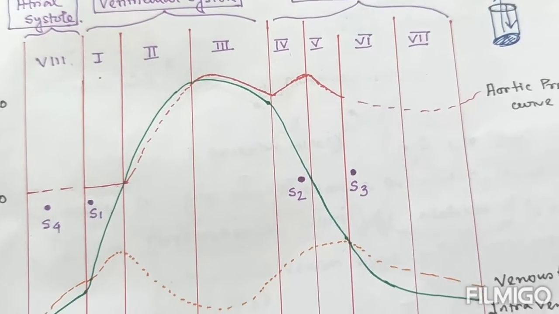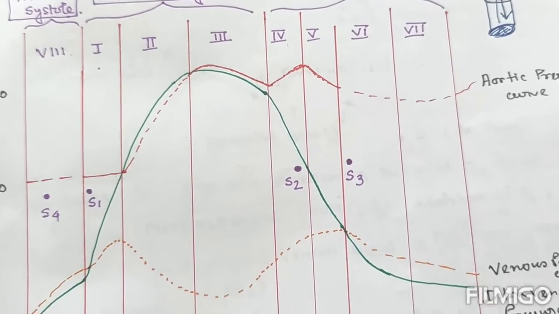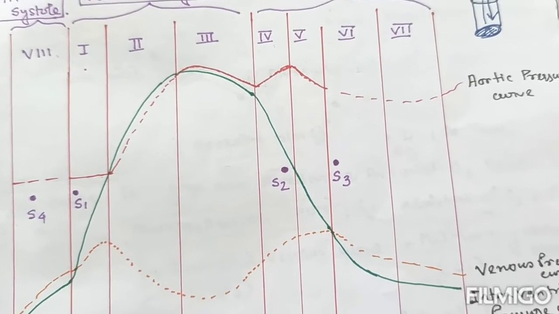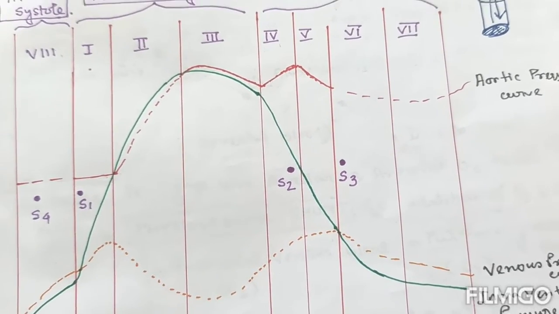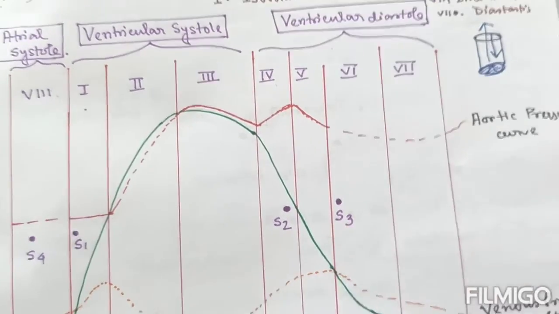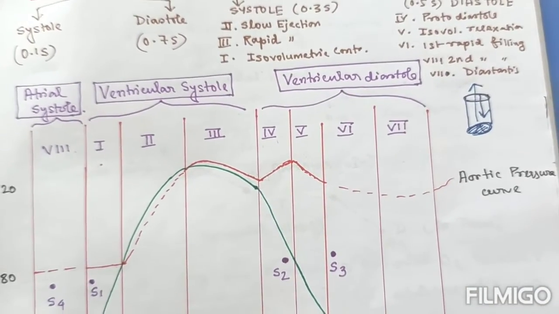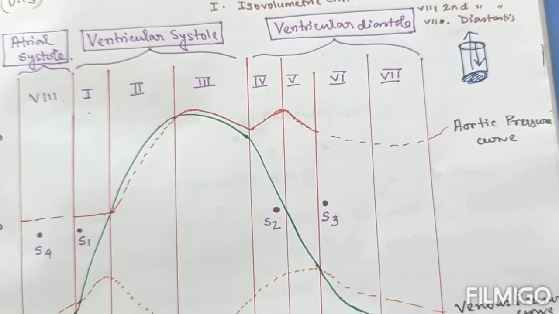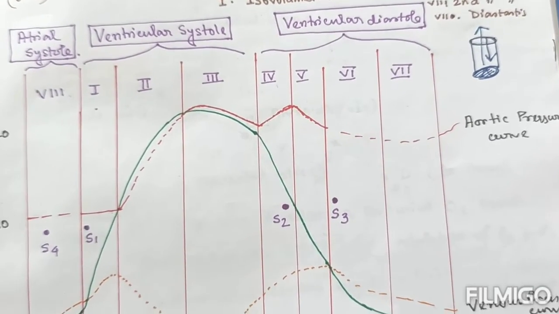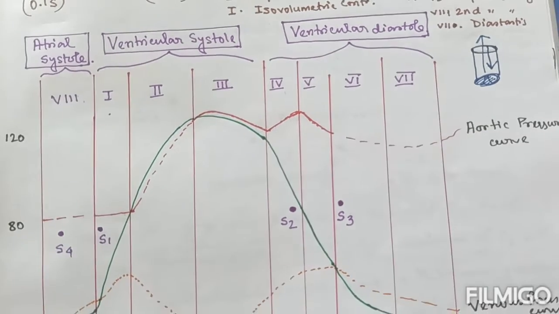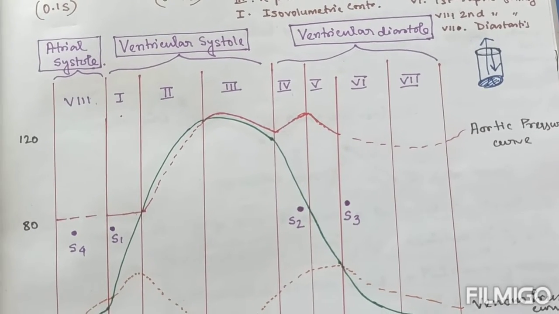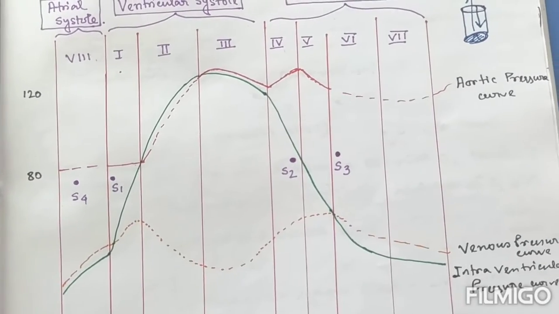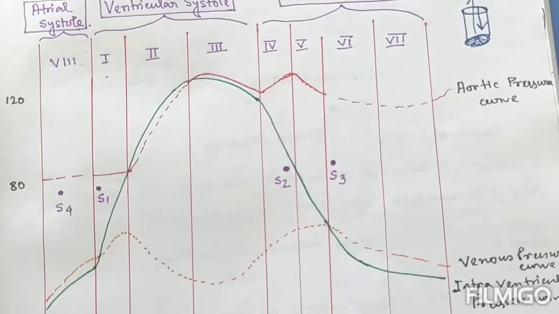Then to prevent the backflow from the aorta or pulmonary artery to the left or right ventricle, the semilunar valves get closed, making the second heart sound. Sometimes third heart sounds are found, and this is mainly due to the first rapid filling. Due to the flow of blood, this sound is produced, and the fourth heart sound is produced due to the second rapid filling of the ventricle. So this is all about the heart sounds and different types of pressure curve.